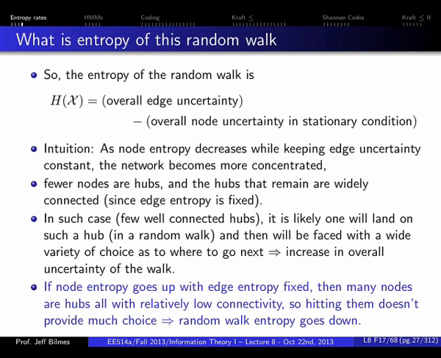Now, if we look at the last bullet point, it's basically saying if the node entropy goes up with fixed, again, edge entropy, then in some sense Winnemucca, Nevada becomes Grand Central Station, right? Every vertex in some sense becomes hubbish. That's the technical term, hubbish, hubbable. We hubify all of the vertices.